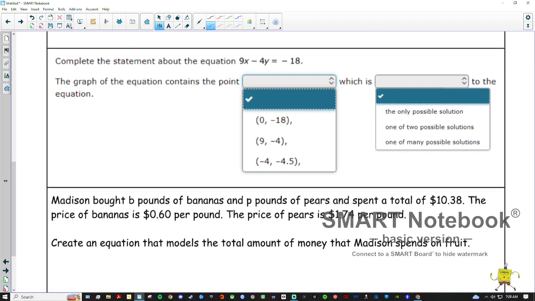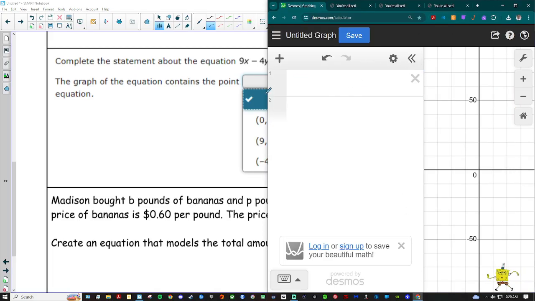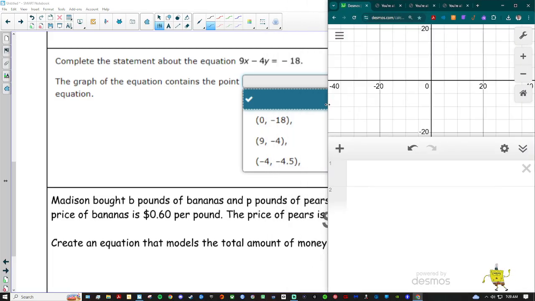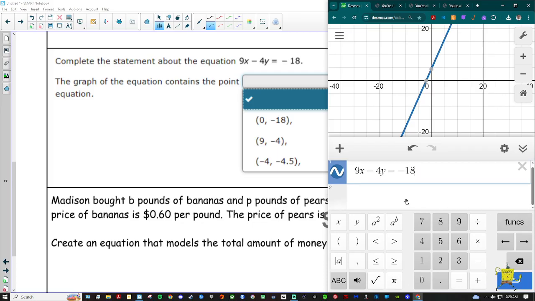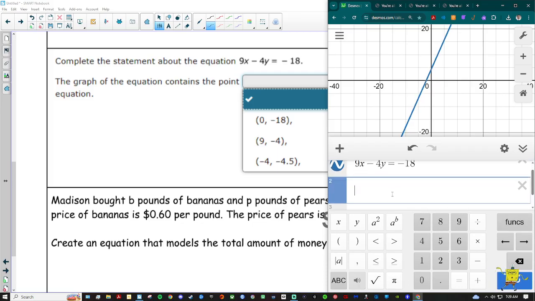Complete the statement. 9x minus 4y equals negative 18. The graph of the equation contains the point, so we need to see which of these points is on my graph. So if I pull up Desmos and I type in my equation, 9x minus 4y equals negative 18, I need to see which of these 3 points is on my line, and I can do that by typing in my points.